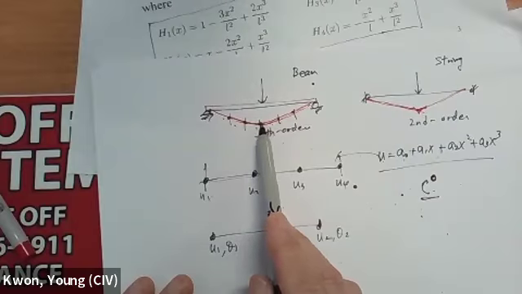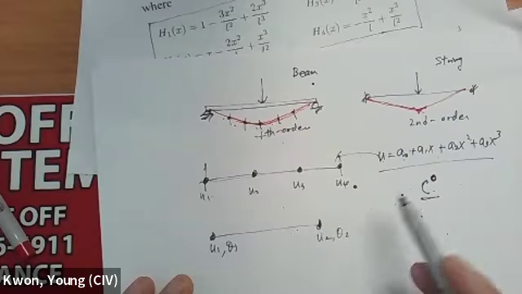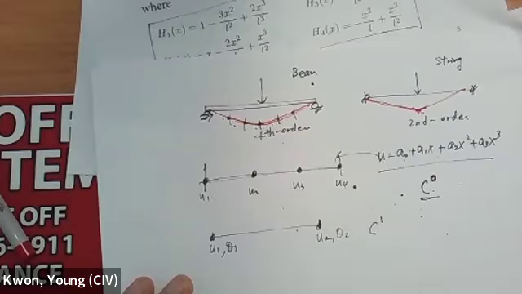The first slope is first order, so this shape function we call a C1 shape function, superscript 1. So C1 shape function and C0 shape function are two different types of shape function. All the shape functions we have talked about are C0, and now this is the first time we talk about a C1 shape function.